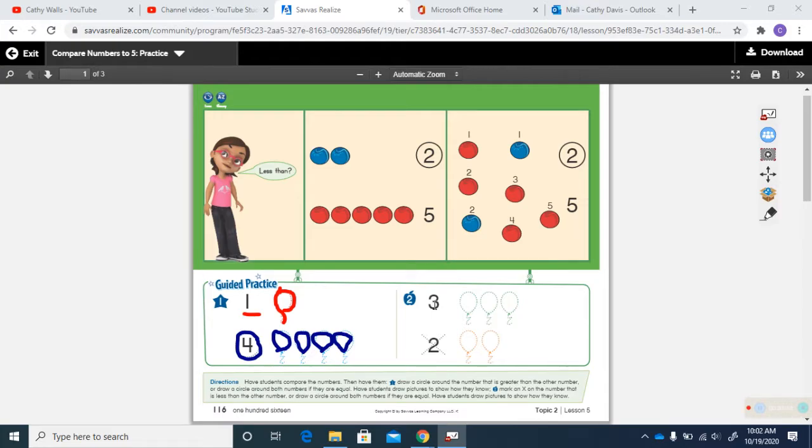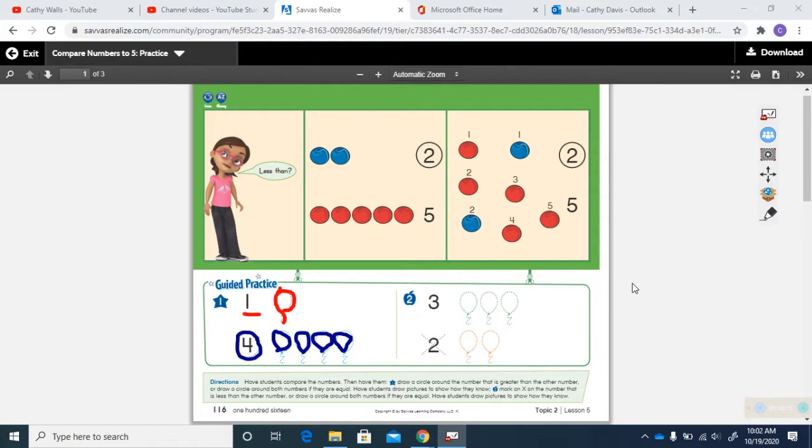Over here we have a 3 and a 2. It wants us to tell which number is less than the other one. So we're comparing our 2 and our 3. Which one do you think is less than the other one?